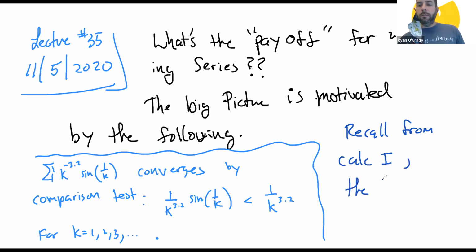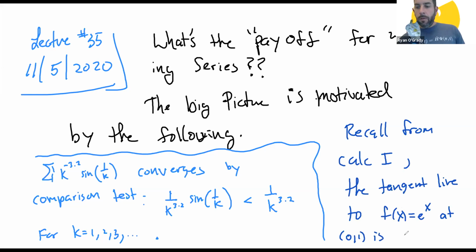The tangent line to f of x equals e to the x at 0, 1 is, we'll write it as y equals 1 plus x. Now, again, you might not remember that, but this is a problem that most of you know how to solve.